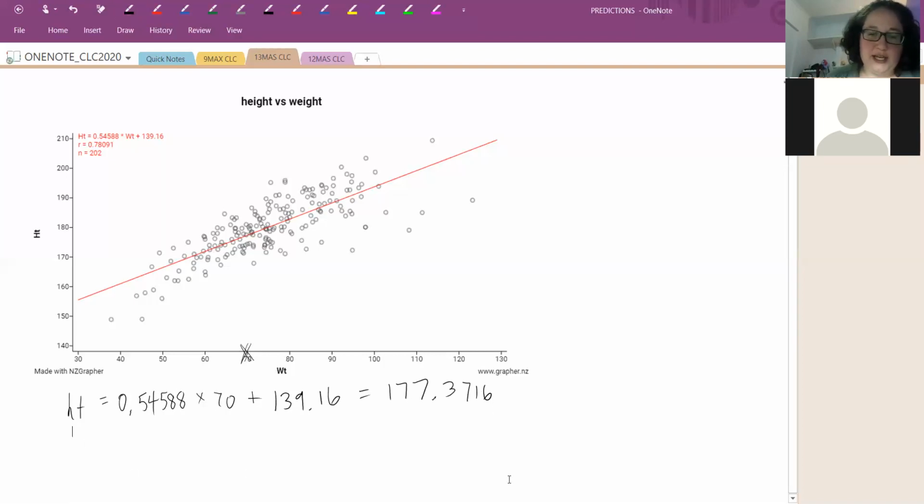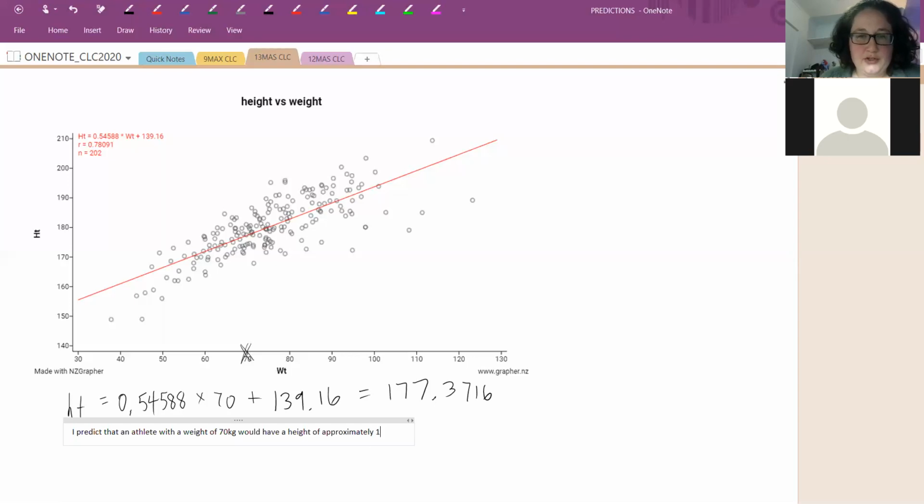So I would have to say, I predict that an athlete with a weight of 70 kg would have a height of approximately 177.4 centimeters. Okay, so hopefully that makes sense.